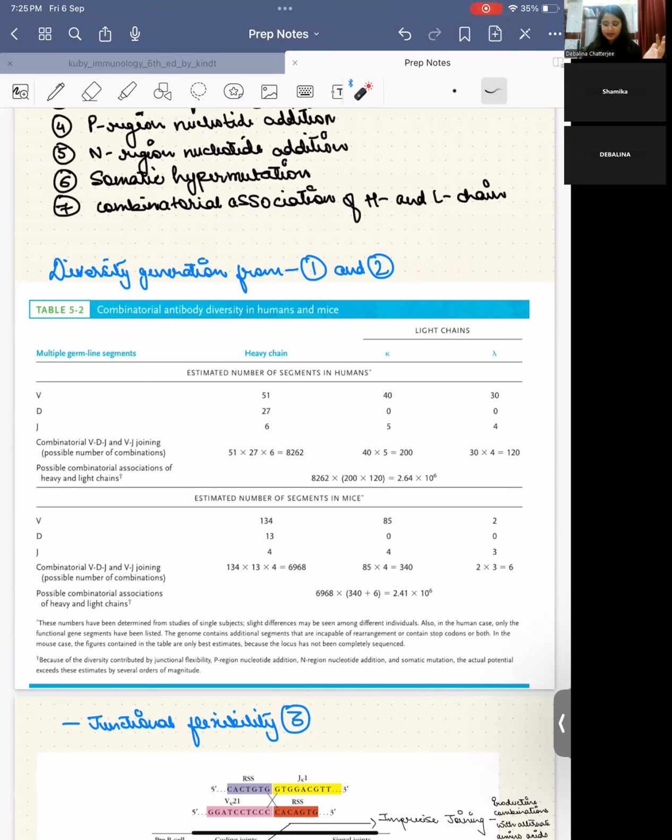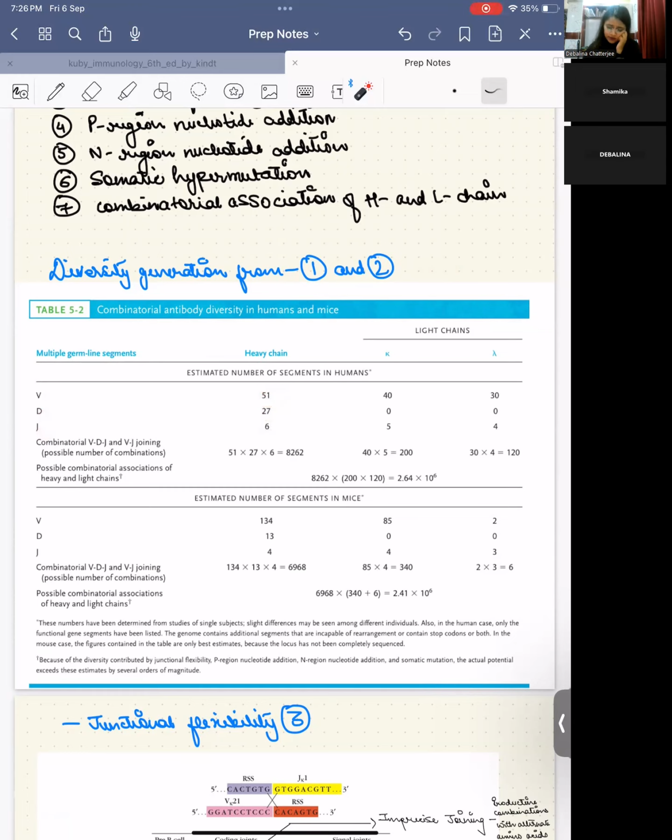We understand the mechanisms, we have discussed the mechanisms, but just if there is any numerical that comes on the basis of it. So if someone says that this particular organism, this particular genus has 51 V regions, 27 D regions, and say 6 J regions, right?